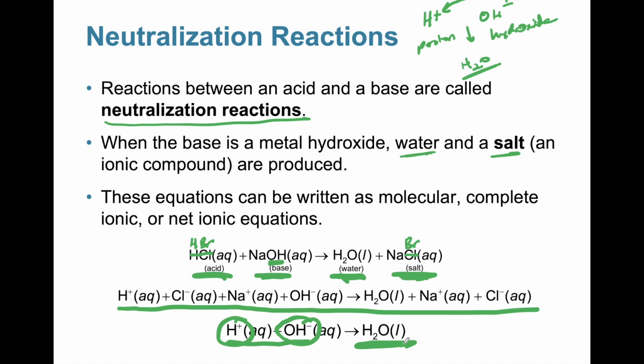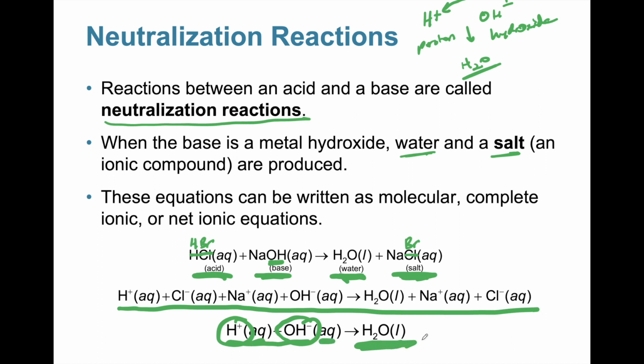Just like we did in the previous lecture with the metathesis reactions or the double replacements, where solids became the only thing, the things that contributed to making a solid would be the precipitate, and that would be what shows at the end of a net ionic equation. Here, the only thing that's not aqueous is the water.